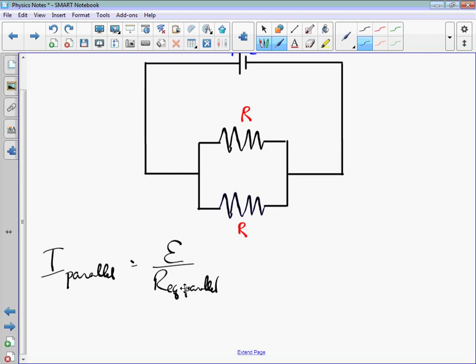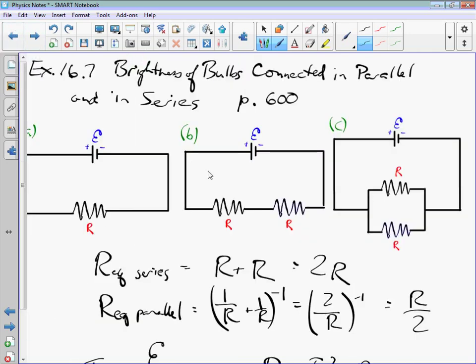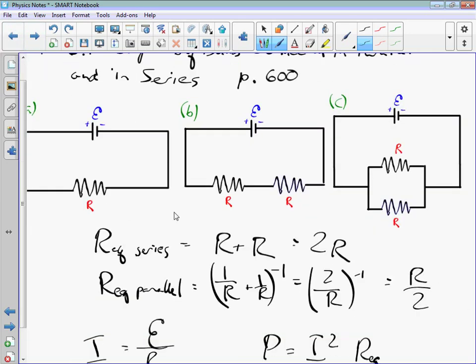If I relate this back to our equivalent resistance in parallel, what was that? That was R over 2.